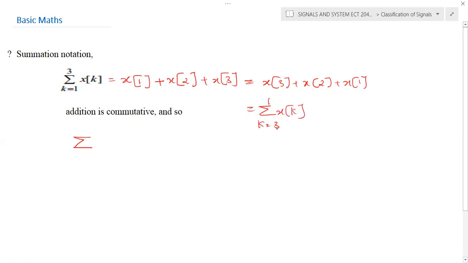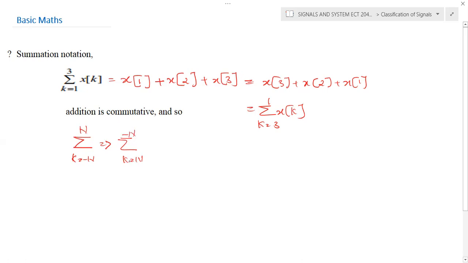There is no problem when you write 1 to 3 or 3 to 1, but this is not the case in integration, which we will discuss later. In the case of summation, I can change the limits from one value to the other. For example, if k is ranging from minus n to n, I can simply write the equivalent sigma with k equal to n to minus n.